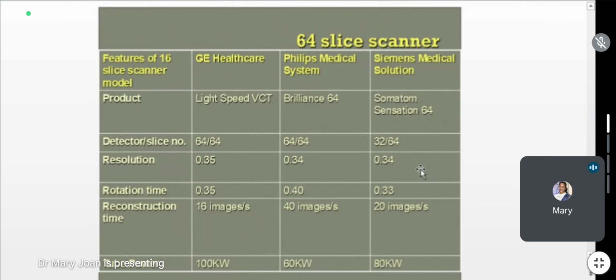Resolution is almost the same, 0.35 and 0.34. Rotation time varies in each: 0.35 in GE, 0.4 with Philips, and 0.3 with Siemens. Reconstruction time is 16 images per second with GE, 40 images per second with Philips, and 20 images per second with Siemens. Tube power is 100 kilowatt with GE, 60 kilowatt for Philips, and 80 kilowatt for Siemens.